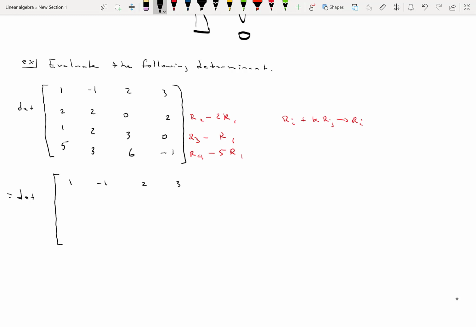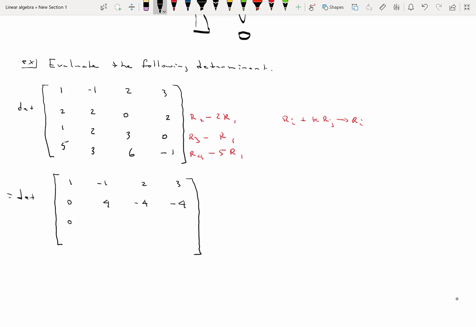I'm going to go through these operations very quickly. So I'm going to get zeros for the rest of the entries in the first column. The resulting remaining entries are going to be 0, 4, and if you're so inclined, you can verify that my row operations are giving the correct numbers.